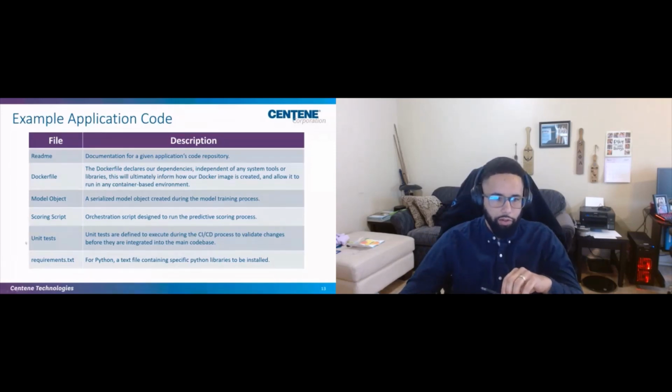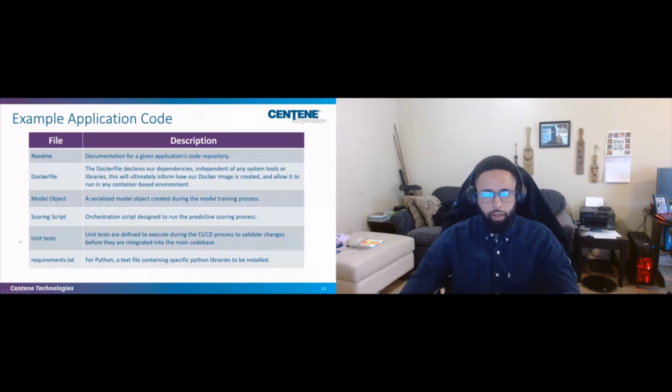You'll have defined unit tests. So unit tests we talked about before. These are the unit tests that will be run in your CI/CD process to validate any code changes you make before you are able to promote your code to the next environment. And then we have a requirements file, which, assuming this is a Python example, is a file that contains all the libraries that you need for your Python application.